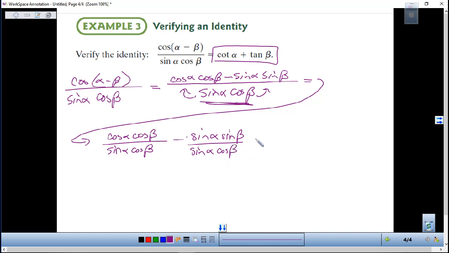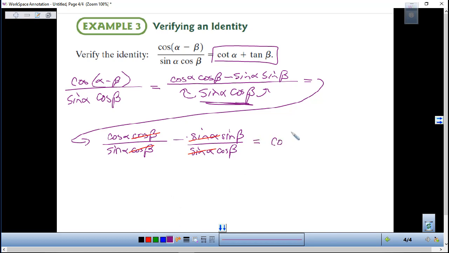All right, and then you want to cancel out whatever will cancel out. So here I've got the cosine betas are common here. So I end up with cosine alpha over sine alpha, which guess what? That's cotangent alpha, so we're good there. And then over here, our sine alphas are going to cancel out. We've got sine beta over cosine beta, which simplifies down to tangent beta, so we're good there.